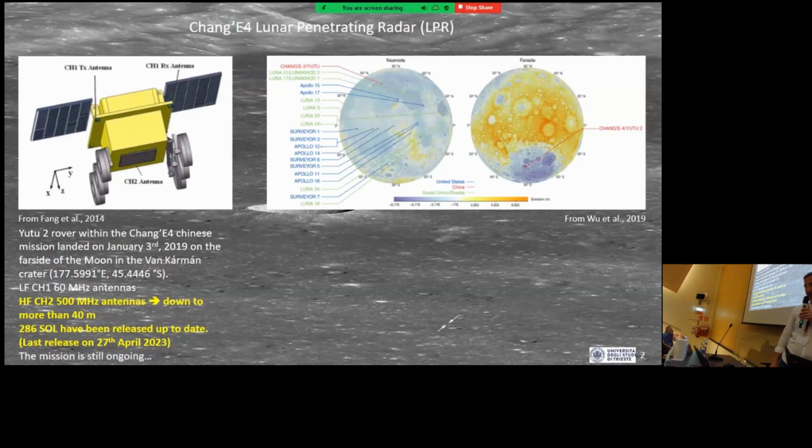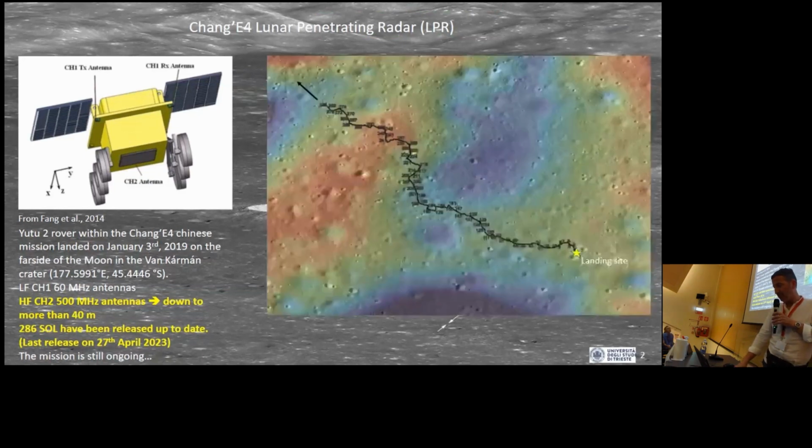And as was already told, the low frequency antenna data has a lot of problems, while the high frequency one has a tremendous potential and is very useful and helpful to see below the ground surface for a very long path, because up to yesterday evening there was the last release of data made public from the Chinese agency.